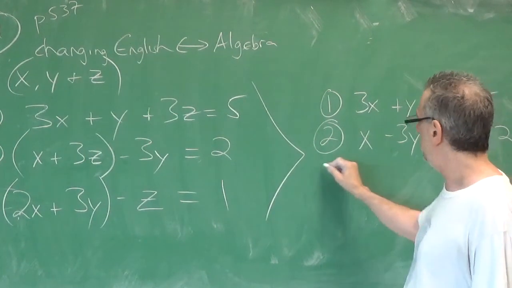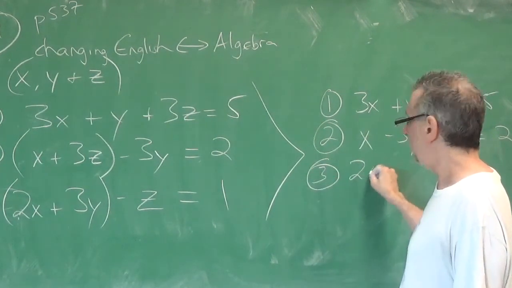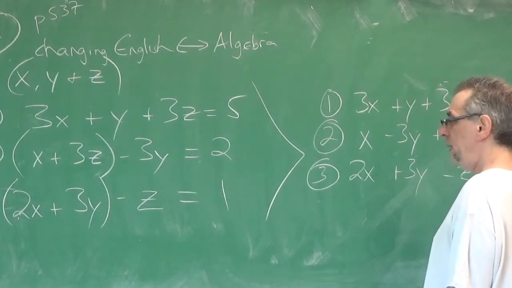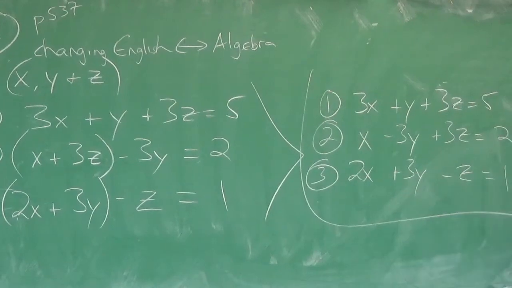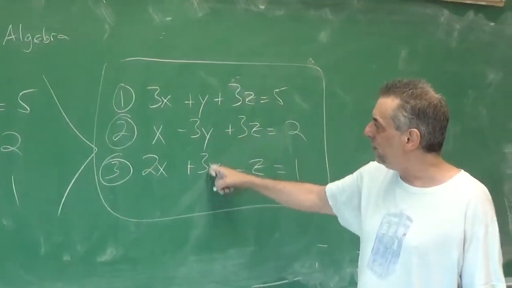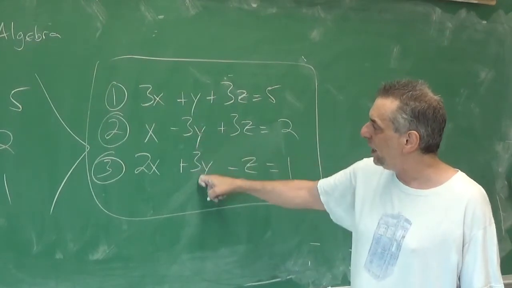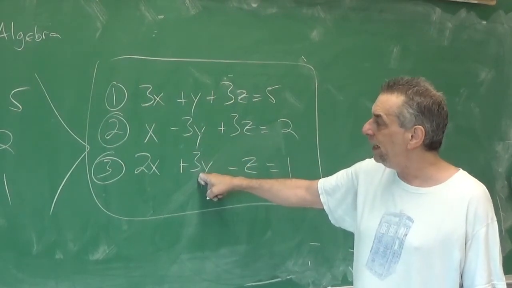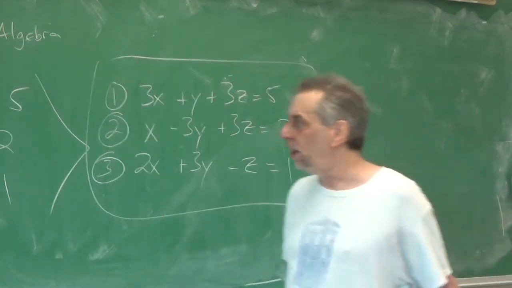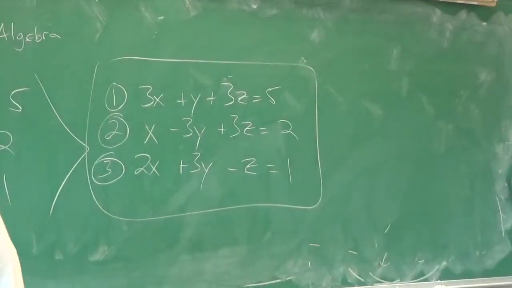Equals 2 and 2x plus 3y minus z equals 1. And then you want to solve that system again by going through those steps. Now this one, the first step you would see is a little more obvious since we got a plus and a minus 3y. So you can do that as the first step, have x's and z's, and go on your merry way. Okay, that's good.